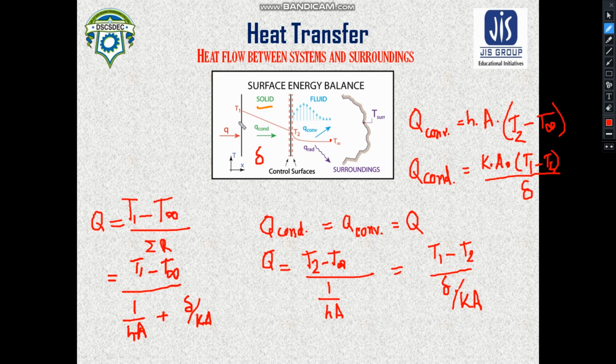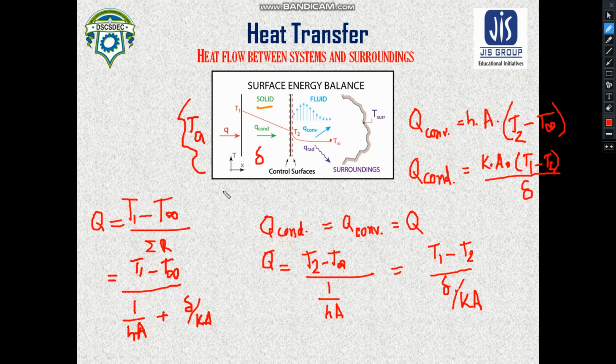If this surface starts to interact with a certain surrounding which is maintained at a temperature T infinity, then we have to consider this conduction also, this convection also. This can be implicated here by adding up the thermal resistance because of this convection heat transfer.